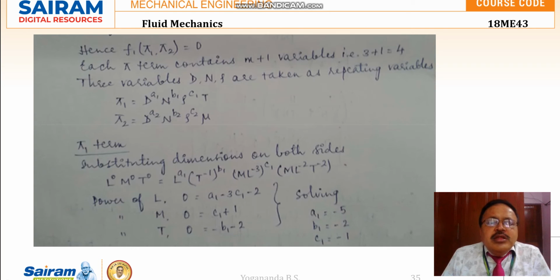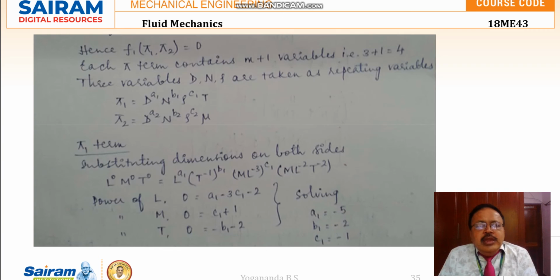Now pi 1 term, substituting the dimensions on both sides. We don't have L, M and T on the left hand side of the pi 1 term, so they have the powers 0: L to the power of 0, M to the power of 0, T to the power of 0. Now on the right hand side, diameter is written as length L to the power of A1.